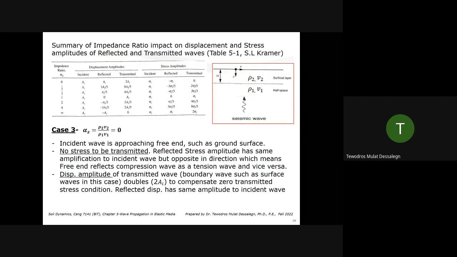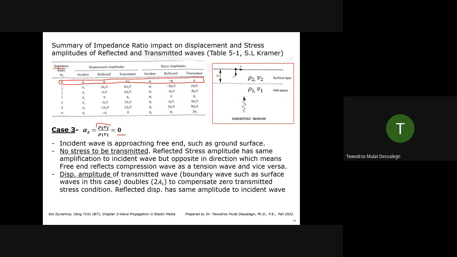Let's see case 3. Case 3 is when the impedance ratio is 0. This guy right here. If the impedance ratio is 0, what does that mean? It means density 2 times velocity 2 divided by density 1 times V1 is 0.